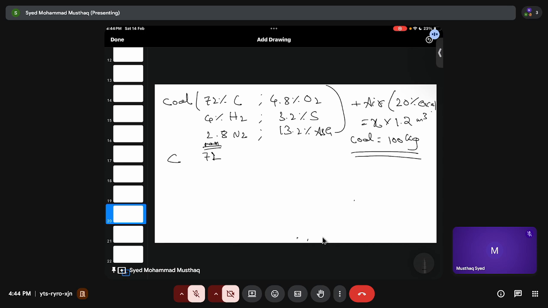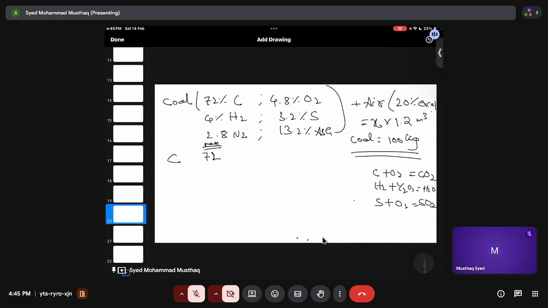Again I have molecular weight, which is 12. So 72 divided by 12 is 6, right? So that means 6 moles of carbon. Again, I know the carbon reaction, right? Let's write reactions here. This is my CO2 and H2O, there is sulfur.